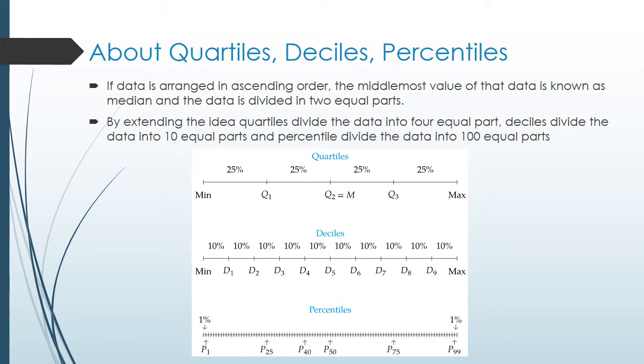That means in the quartile, there are 25% of total observations of the distribution between any two quartiles, 10% of observations of the distribution between any two consecutive deciles, and 1% of total observations of a distribution between any two consecutive percentiles.